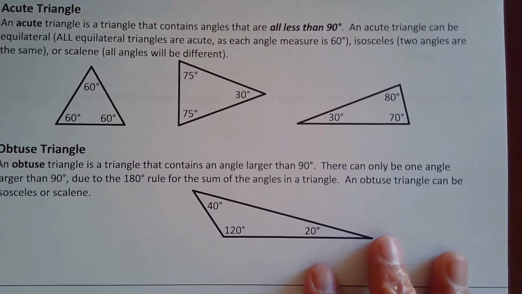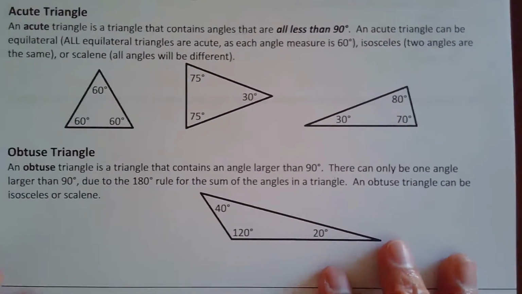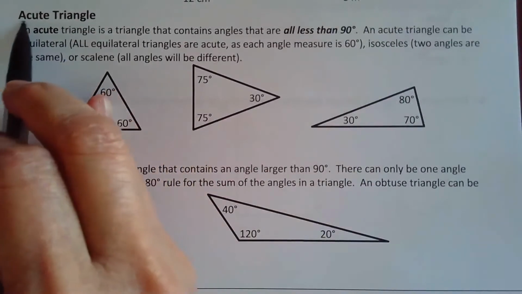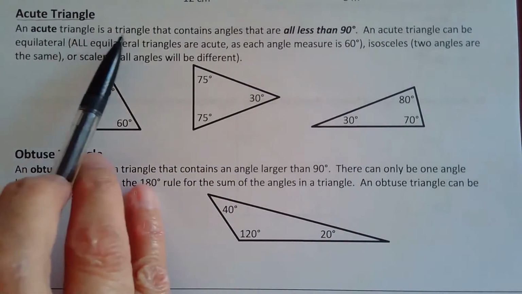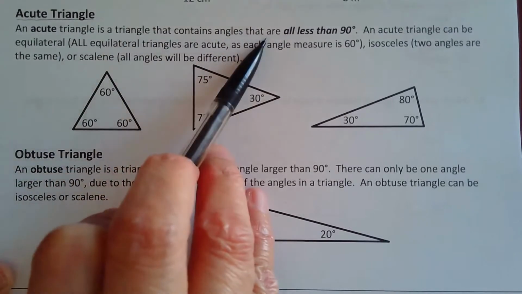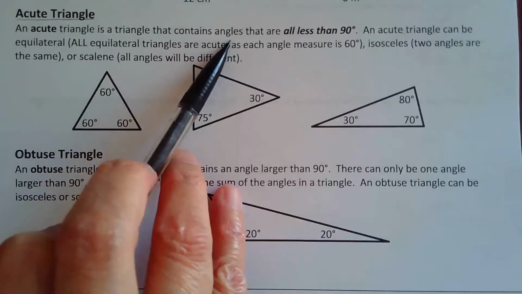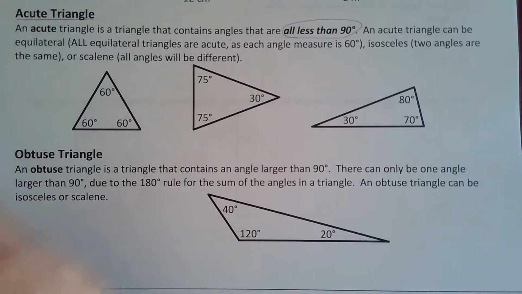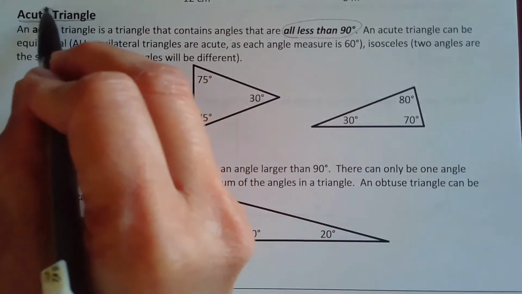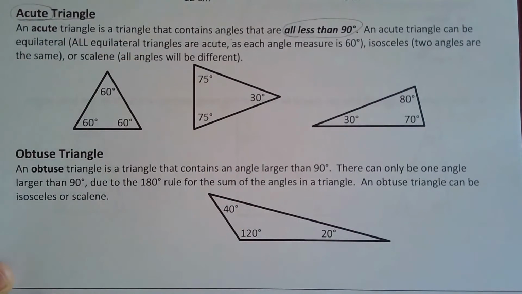Now let's take a look at this one: acute. What is an acute triangle? An acute triangle is a triangle that contains angles that are all less than 90 degrees. Acute means smaller than 90 degrees.